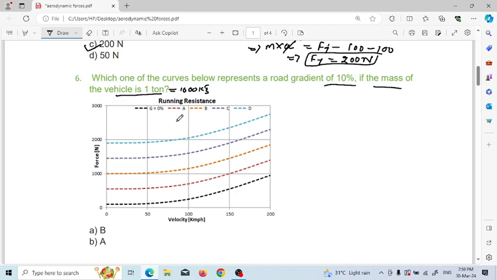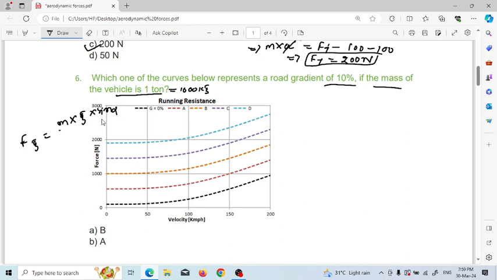So for question number 6, we know F gradient is equal to mass of the vehicle times g times sin alpha.